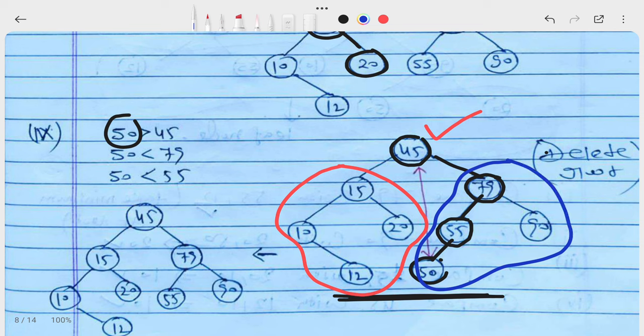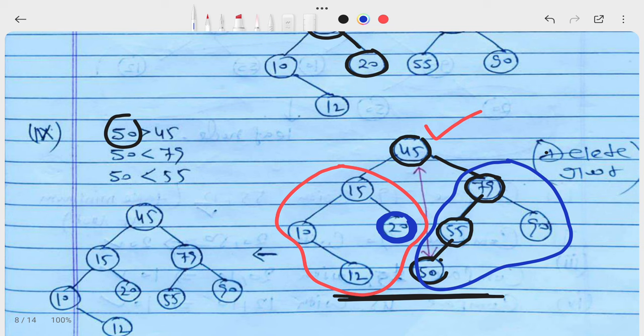If you want to delete the root, or if you want to delete a node which has two children, in this condition you will take either the greatest element of the left subtree or the smallest element of the right subtree. This is my left subtree and this is the greatest element.